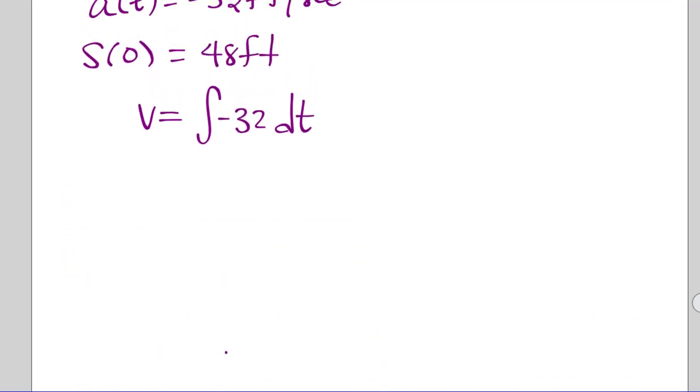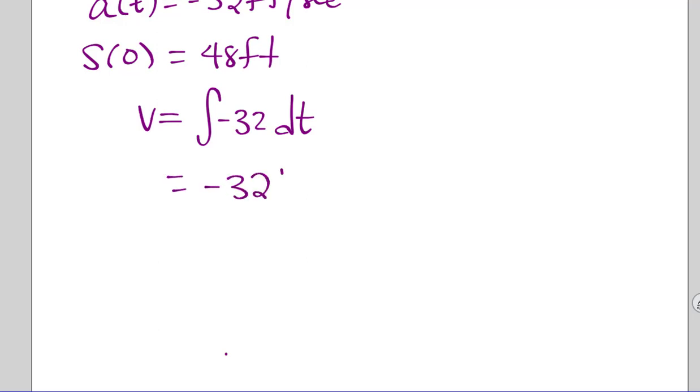Okay, so we get negative 32t plus c. That's going to be our velocity function. But again, we believe that the initial velocity was just 0, so we'll just leave it at negative 32t.